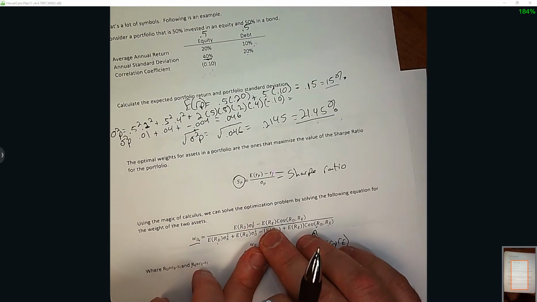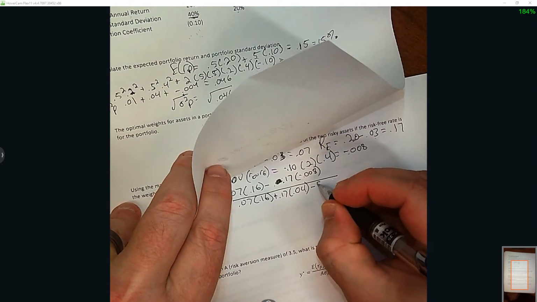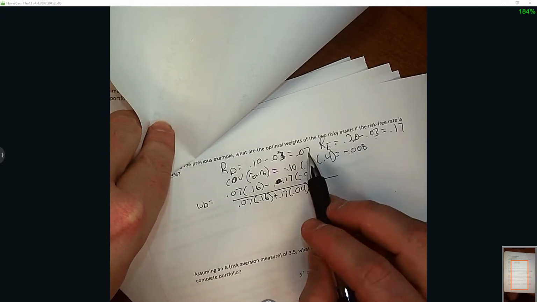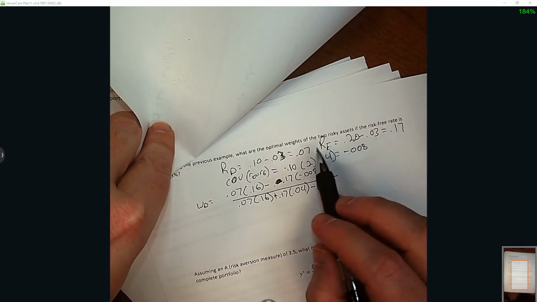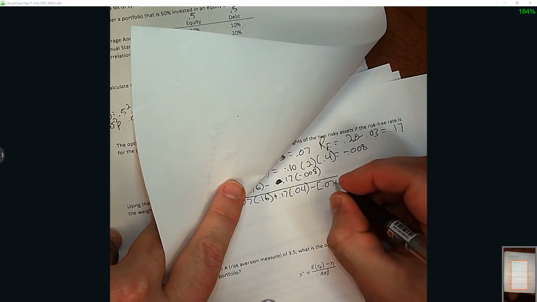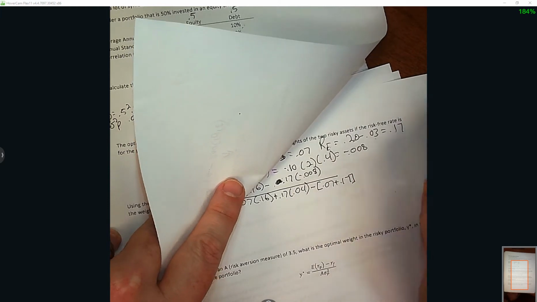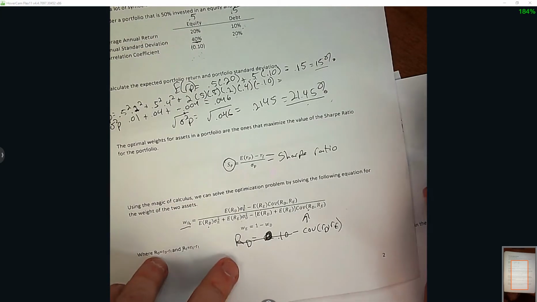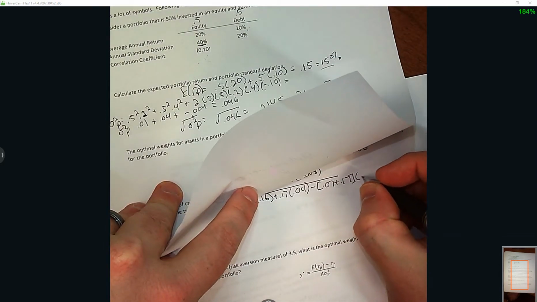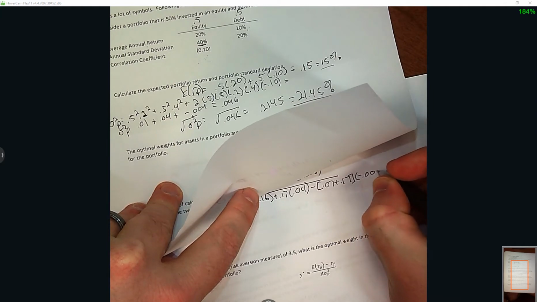And then I'm going to subtract out the sum of R_D plus R_E. So the sum of those two is 0.17 plus 0.07. I'll just follow this, 0.07 plus 0.17. And then I'm going to multiply that again by the covariance of the two investments, negative 0.008.